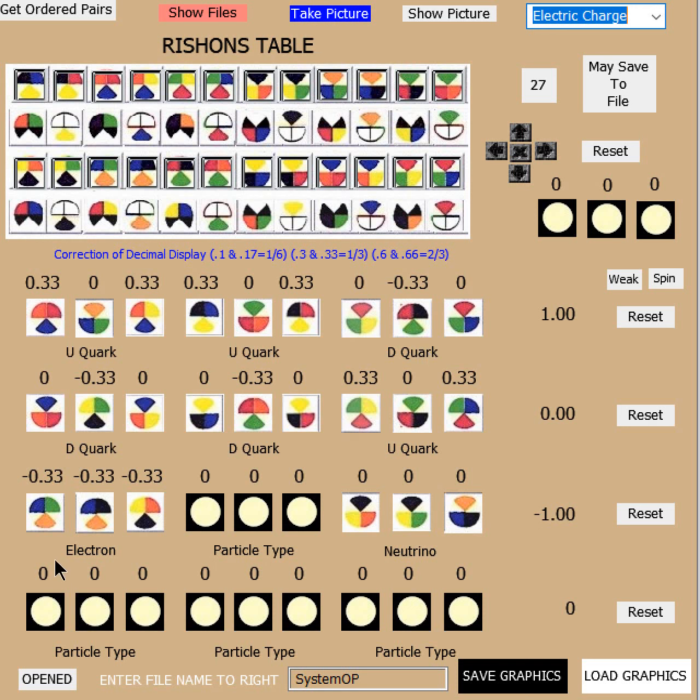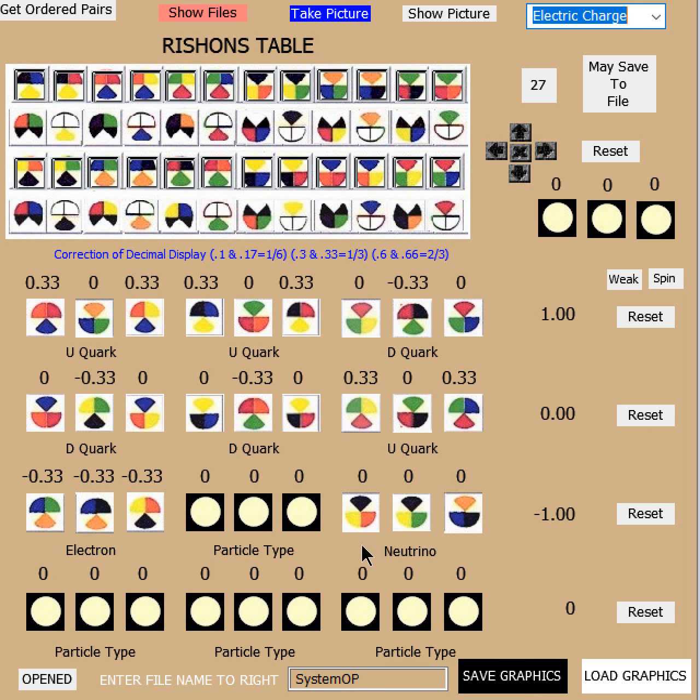And here we have lepton groups. Here we have 3 anti-T Rishons, each having a 1/3 charge, giving us an electric charge of 1 for the generic electron.